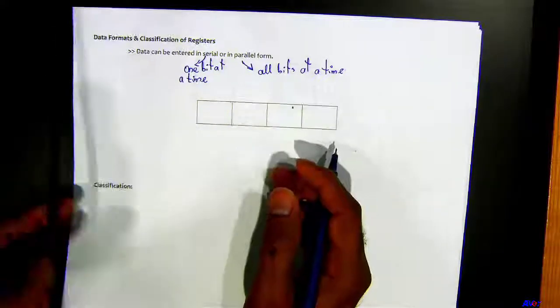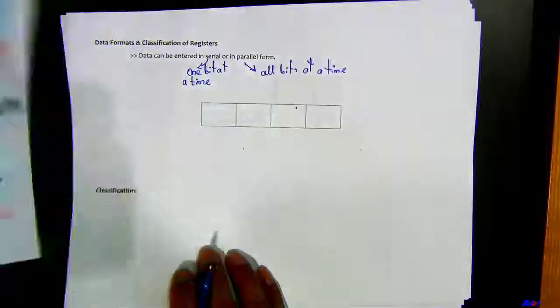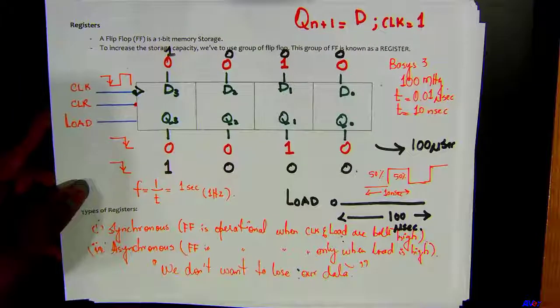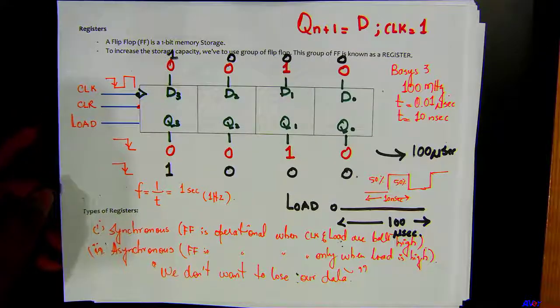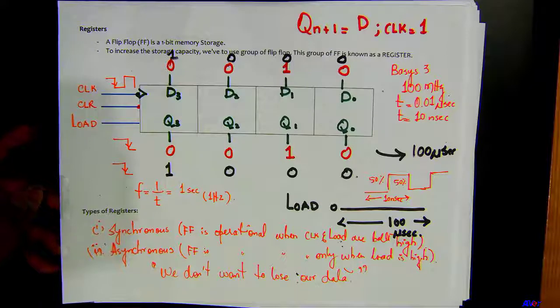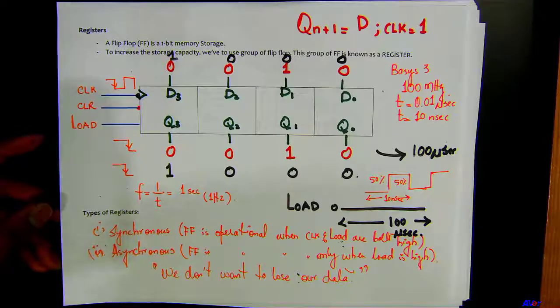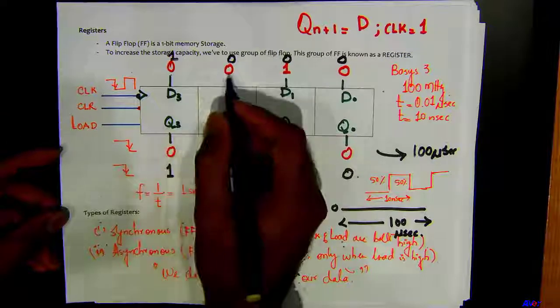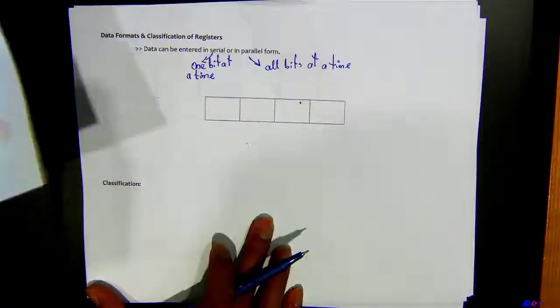So if I go back to my previous example, was this a serial register or a parallel register right here? This was a parallel, right? Because it was taking all the bits at the same time. It was not taking this one first, then this one. At one clock cycle, it took all 4 bits, right? So all bits are taken at one time.